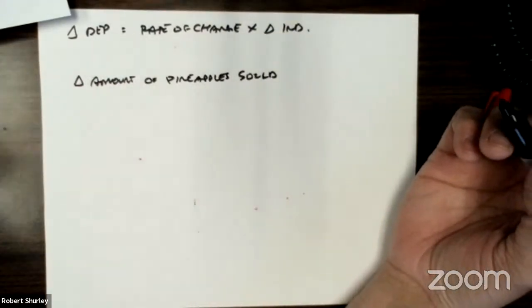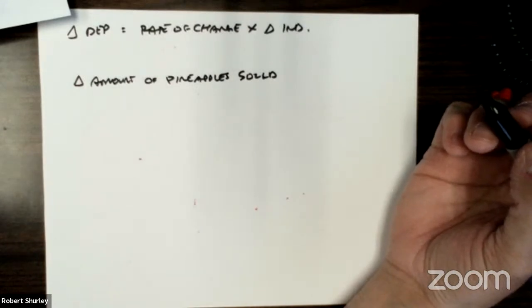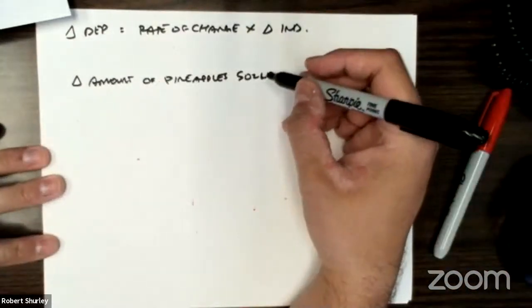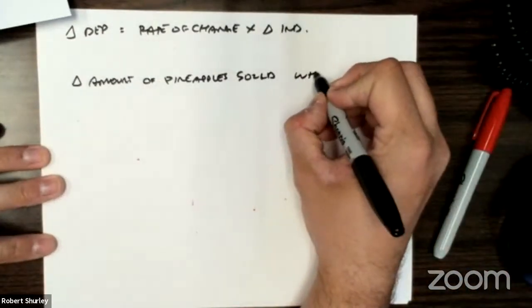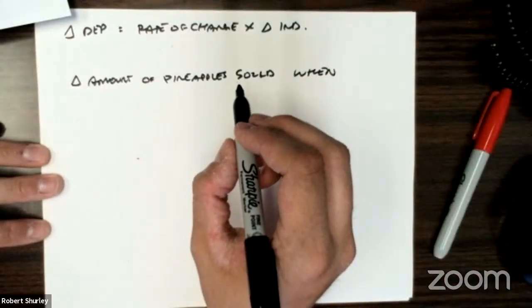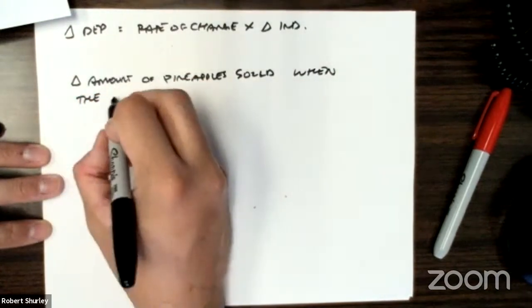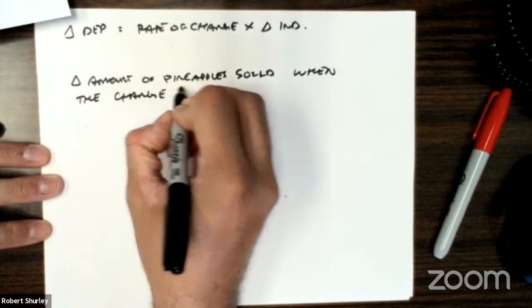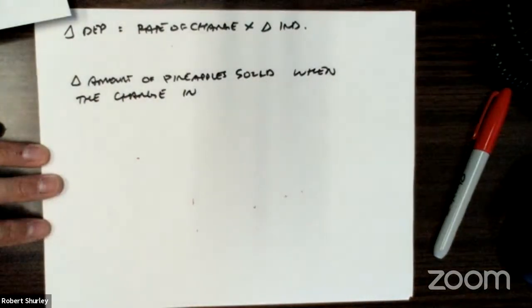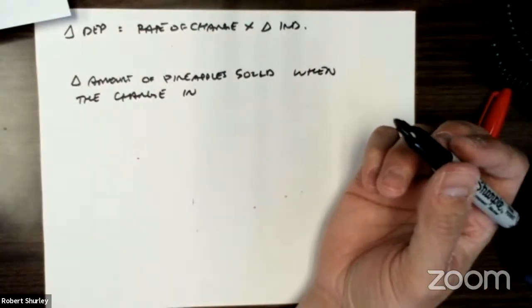So if I want the change in the amount of pineapples sold, well, okay, suppose we want to know how much the rate of change is in a 4 hour period.